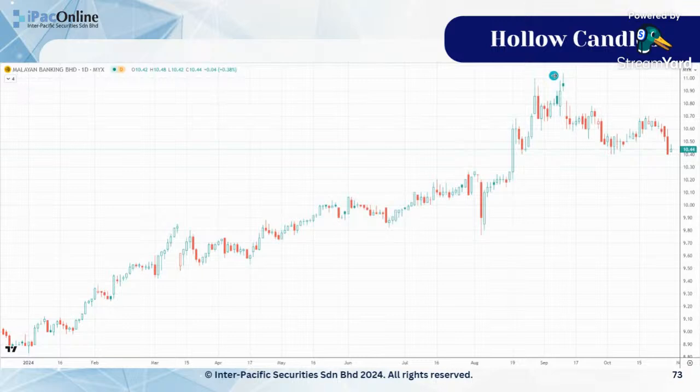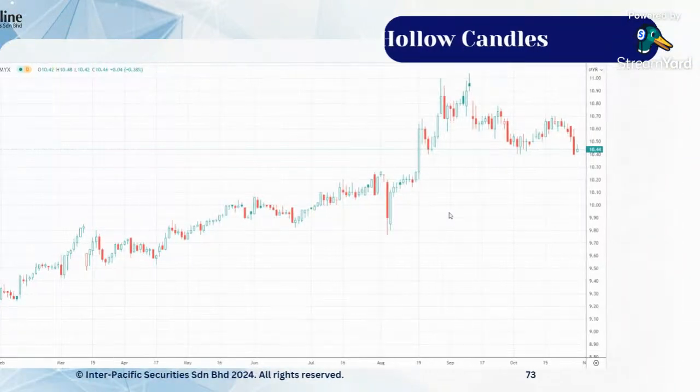Same thing right over here as well. Meanwhile, for the red candles, most of the time you will see red filled candles, but from time to time you might see some red hollow candles happening right over here. So it's really up to you whether you would want to use the traditional candles or these hollow candlesticks to help you understand better.